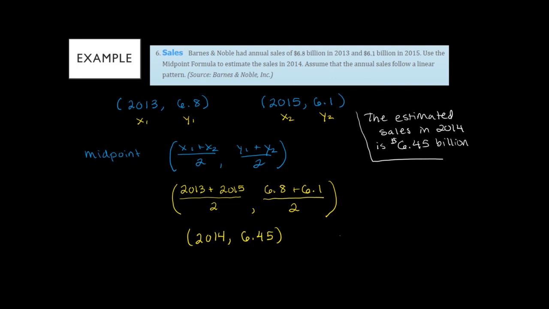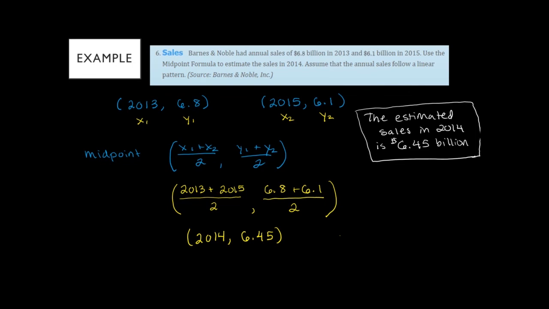So 6.45 billion. That's how you write your answer, because an ordered pair in a real world situation doesn't make sense. A sentence does make sense. You want to be very explicit. So the estimated sales in 2014 is $6.45 billion.